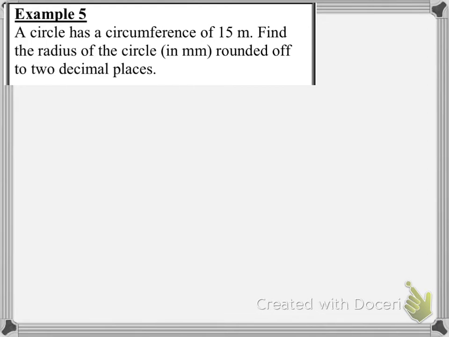So they want us to convert to millimeters, so 15 meters to millimeters. If we convert it to centimeters, we multiply by 100, it's going to be 1,500 centimeters, and then we convert it to millimeters, we multiply it by 10, so it's going to be 15,000 millimeters.